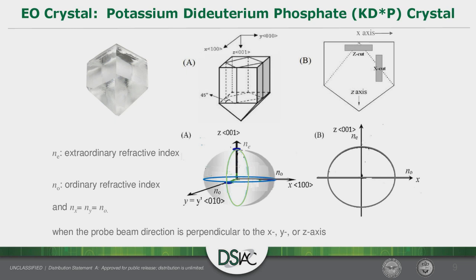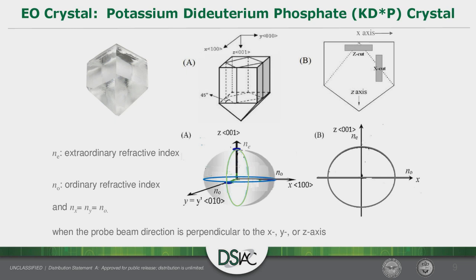The crystal that we use is a KDP crystal, and when you grow the crystal, it naturally comes out in this kind of shape. Then the x-axis, y-axis and z-axis of the crystal are defined that way, and each of them has a different refractive index.